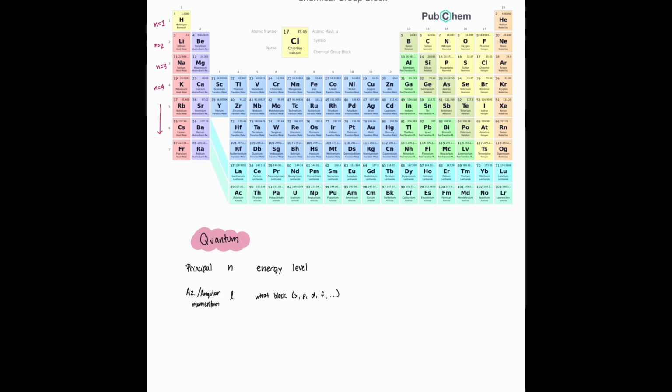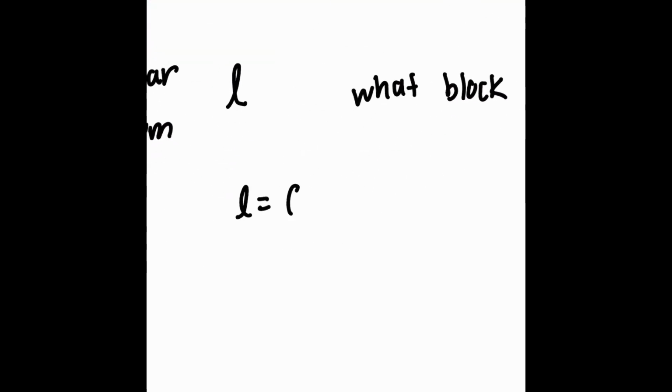So if L equals 0, you're in your S block. If L equals 1, you're in your P block. If L equals 2, you're in your D block. And if L equals 3, you're in your F block. These are tried and true, so just memorize that, and it will significantly help you on the exam.